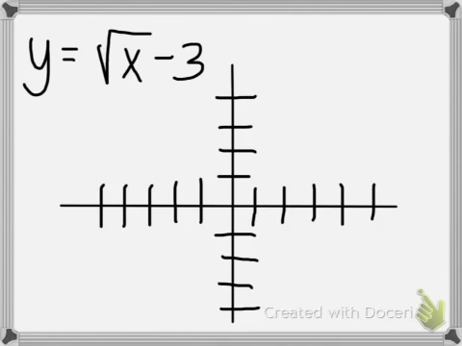Next, plot all of the numbers in the first table as shown on the screen. Notice that it hits the x-axis at 9 and the y-axis at negative 3. So we are going to plot our first point, start at 0 and go down 3. There's our first point. Now we're going to go to the 1 on the x-axis and go down 2.